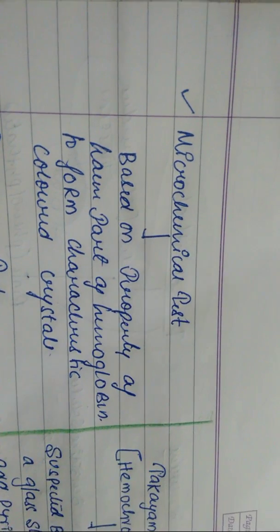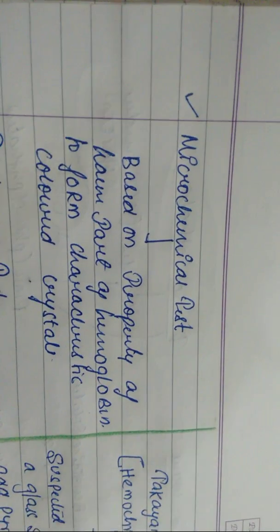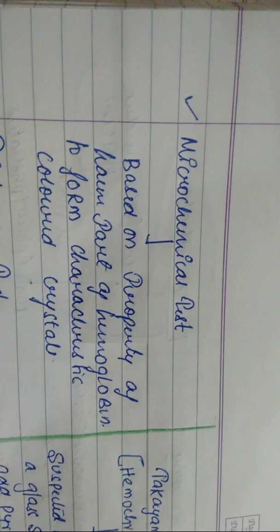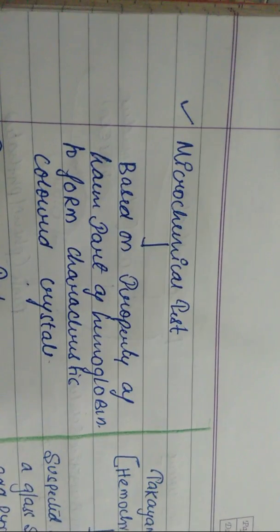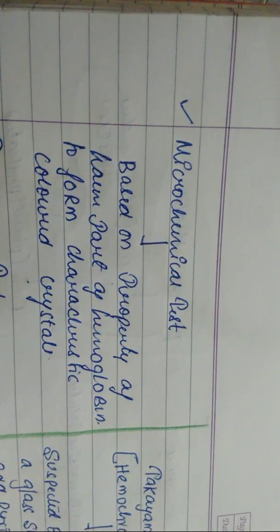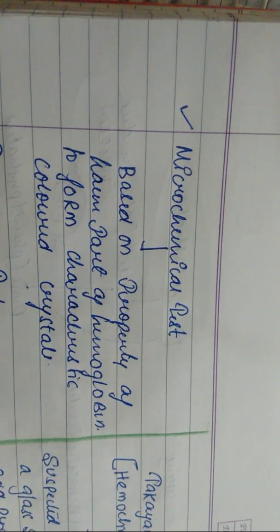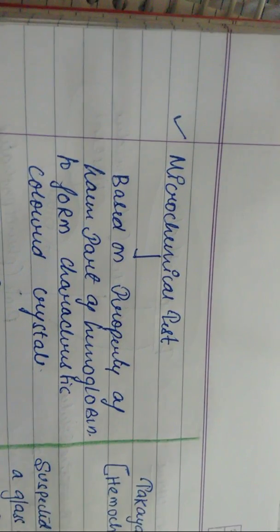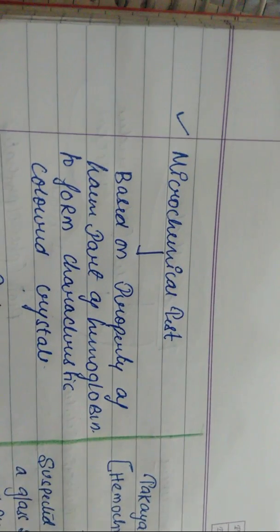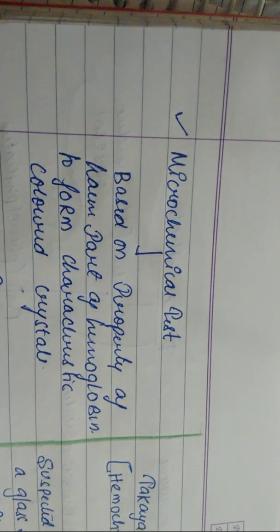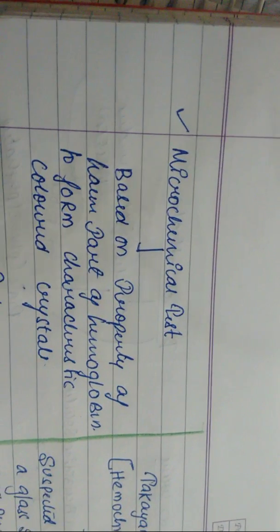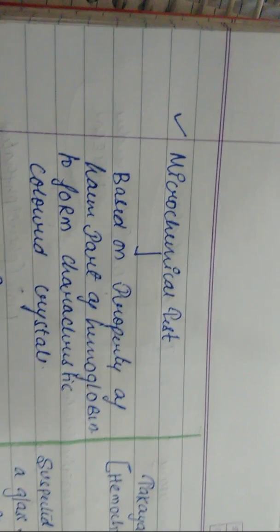What do you mean by microchemical test? The microchemical test is based on the property of the heme part of the hemoglobin to form characteristic colored crystals. The main concept is that whenever I mix blood with a reagent, it forms crystals, and depending on the colored crystals, we confirm that yes, the stain is blood.